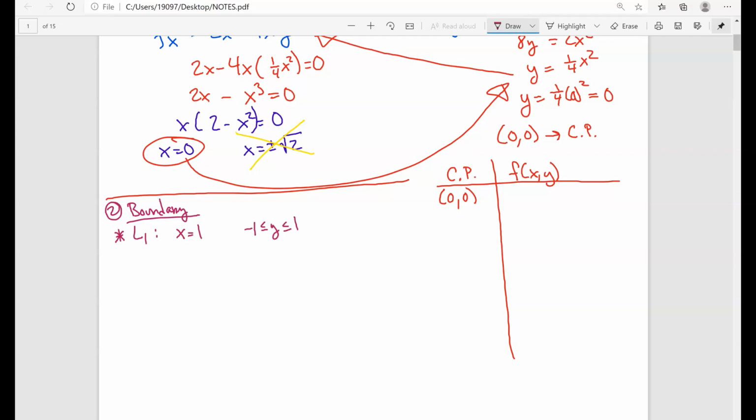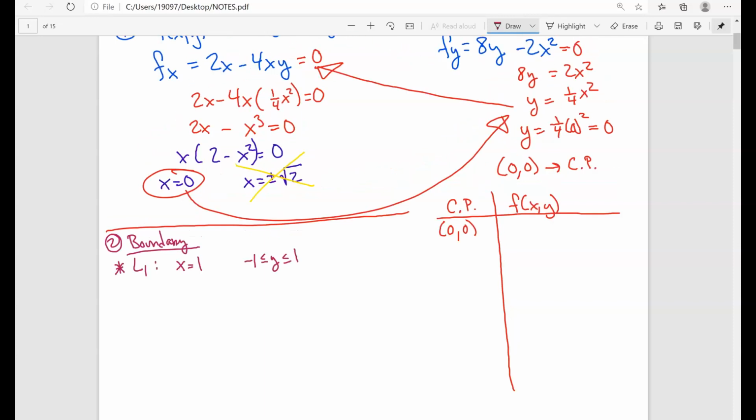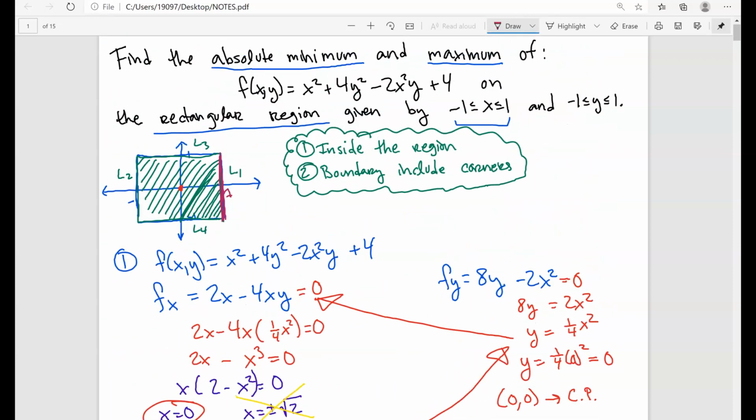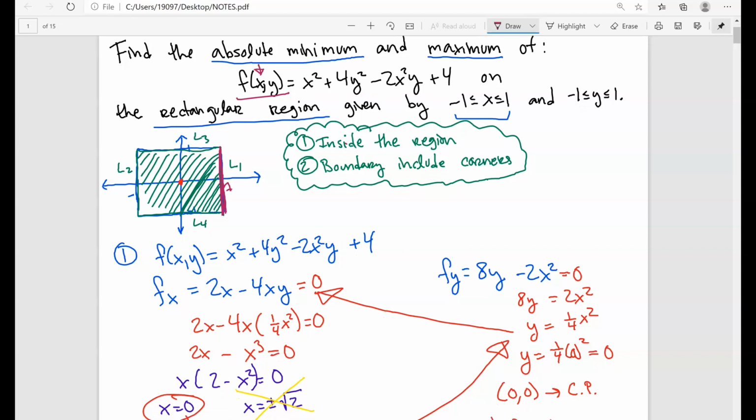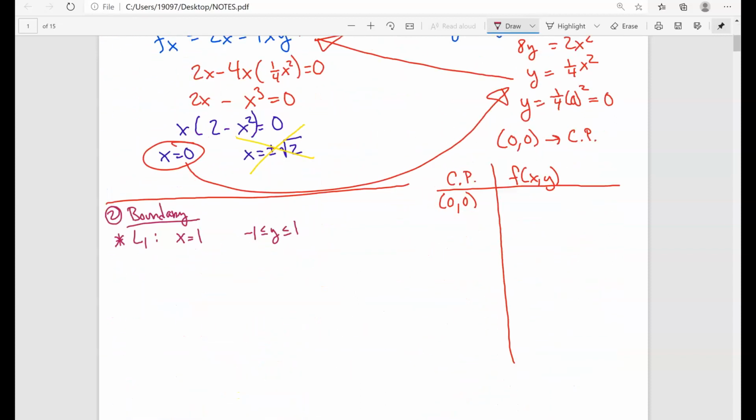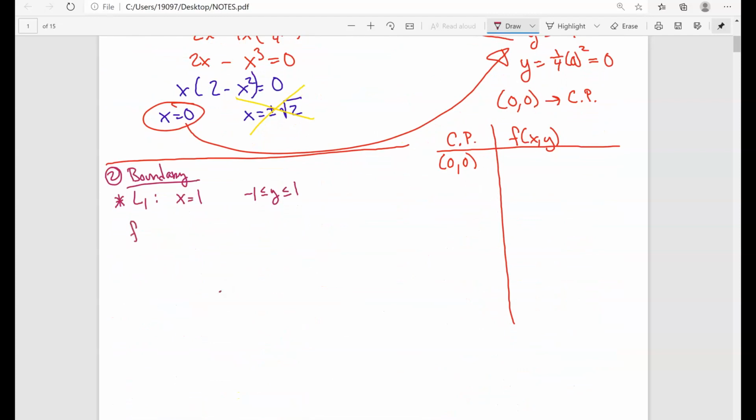So what we want is, at x equals 1, what exactly is happening to this particular function? So we're going to look at x equaling 1, and let's see what happens to this function. When I plug in 1 into the function, f of 1 comma y, we're going to end up getting 1 squared plus 4y squared minus 2 times 1 squared y plus 4.